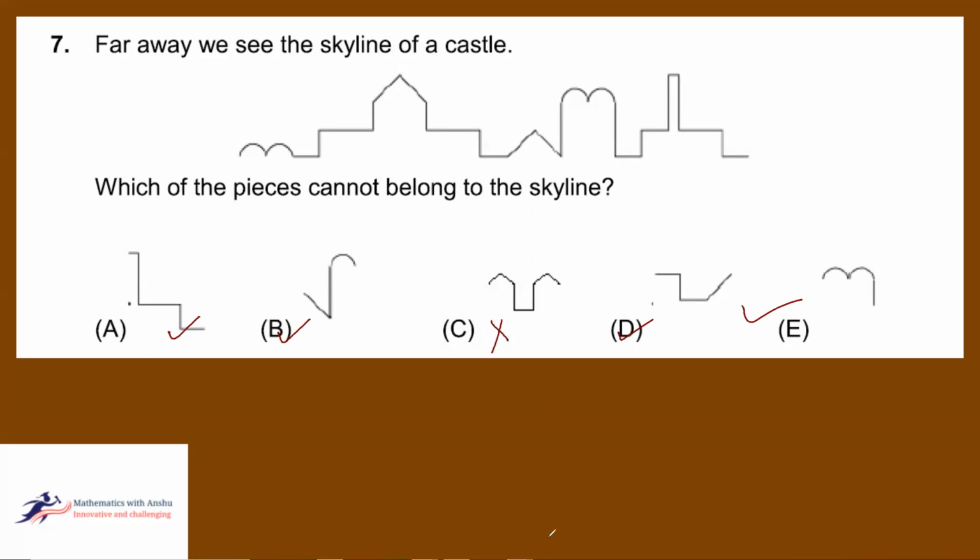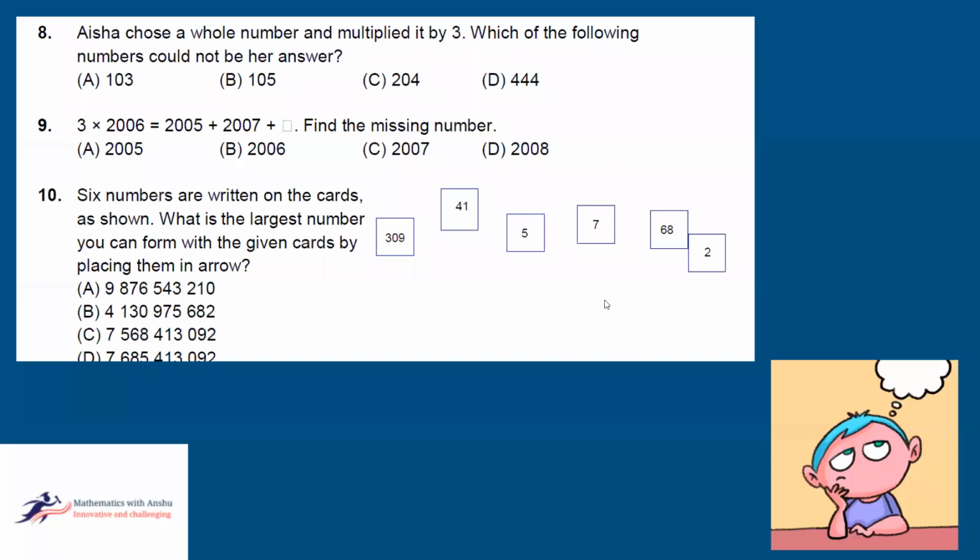Let's go to the next question. So see, when you see this number 8, Asha shows a whole number and multiplied by 3. If it has been multiplied by 3, that means the number must be completely divisible by 3. So we'll use the divisibility rule.